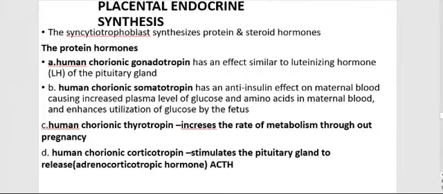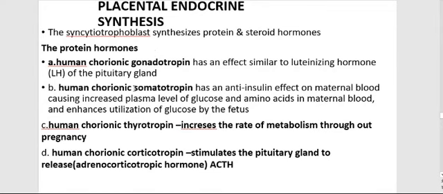So what are the hormones produced by the placenta? The syncytial trophoblast will synthesize protein and steroid hormones. Among the protein hormones, we have human chorionic gonadotropin, which mimics the luteinizing hormone. It stimulates the corpus luteum to function and to produce more progesterone.